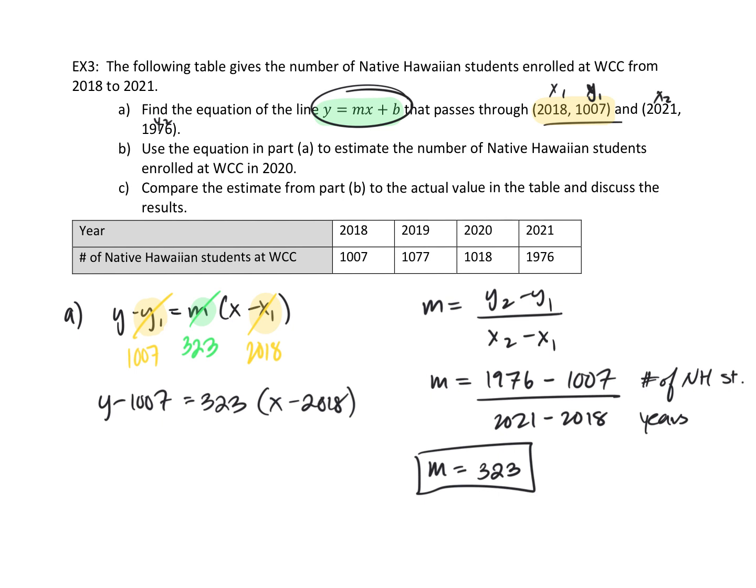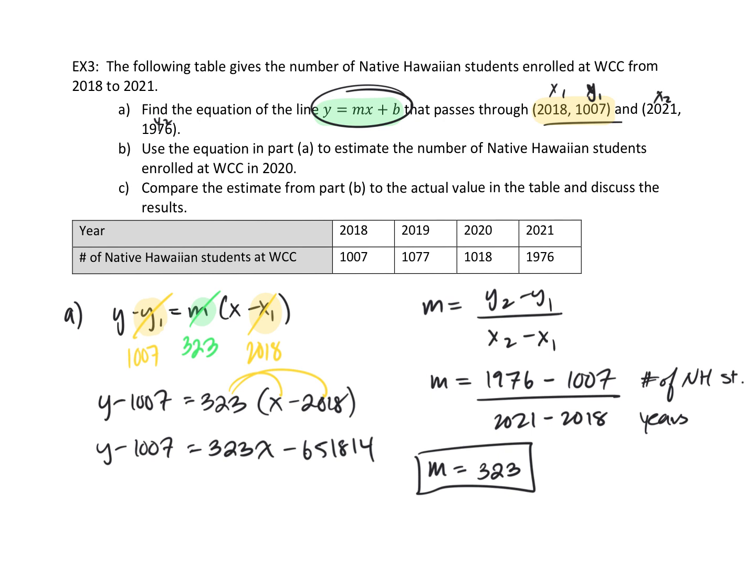But first, I'll distribute this out. That'll be y minus 1007 equals 323x, and then calculating that out, 323 times 2018 is 651,814.